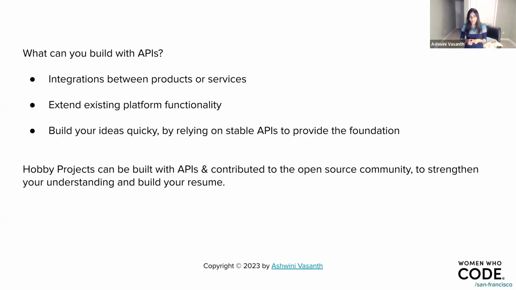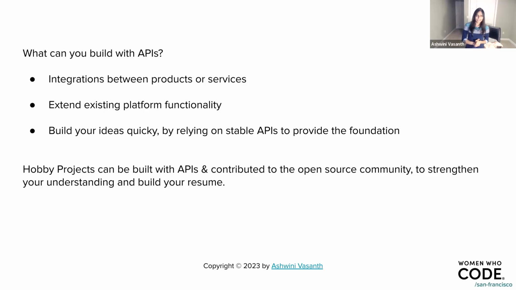You could use it to extend the platform's functionality. So let's say that you are trying to build something on the iPhone app, for example, would be a good example of extending platform functionality. But you could do this very well with any platform that offers you an API to use as a foundation and then to build on top of it.